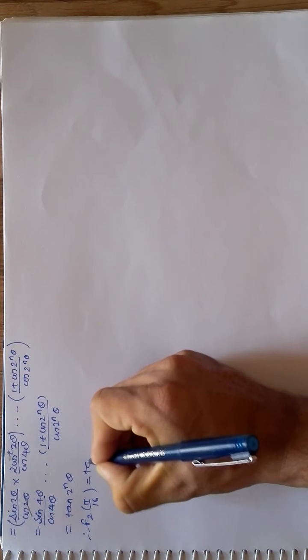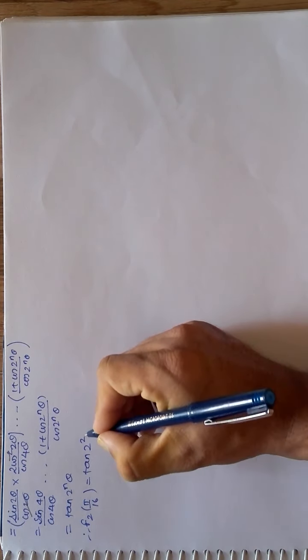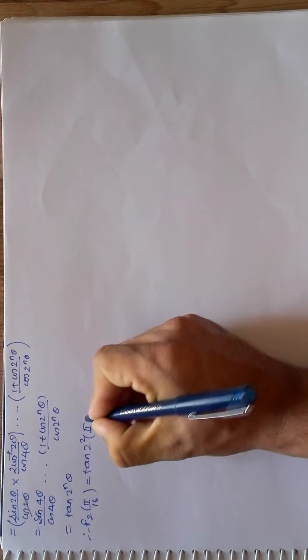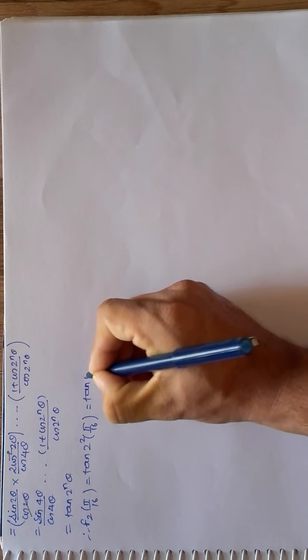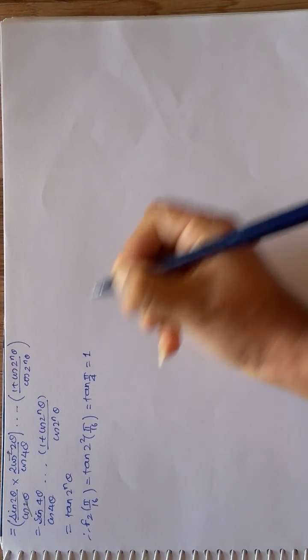So this becomes tan 2 square, theta becomes pi by 16. So you can guess what is the result now. It will become tan pi by 4, that is equal to 1. Wasn't it interesting? Very interesting. We'll move to such interesting questions further.